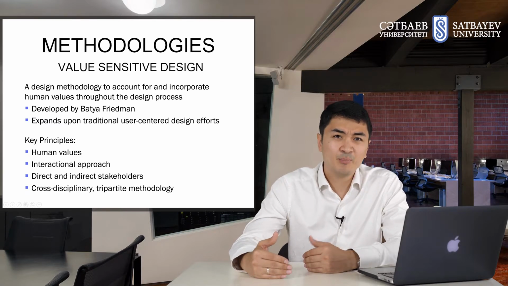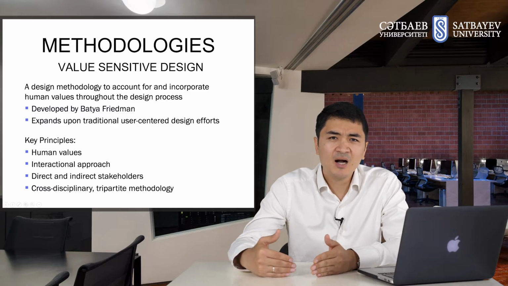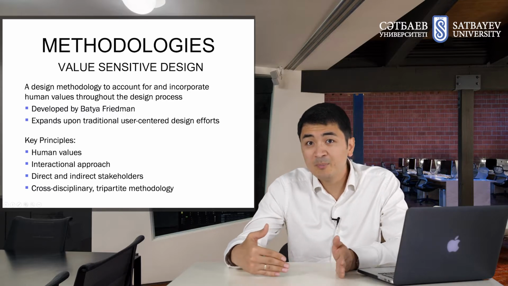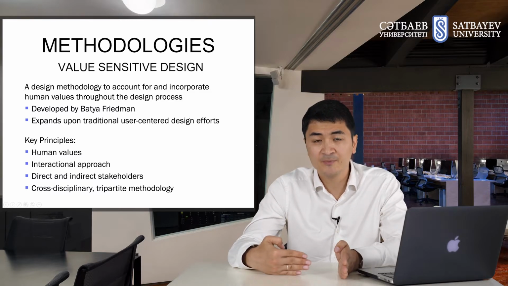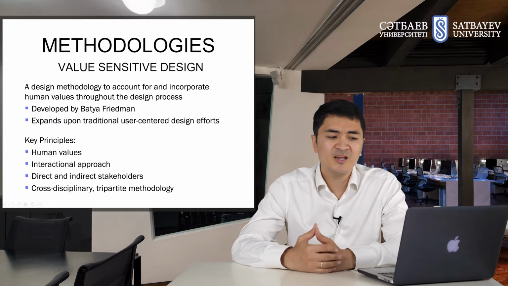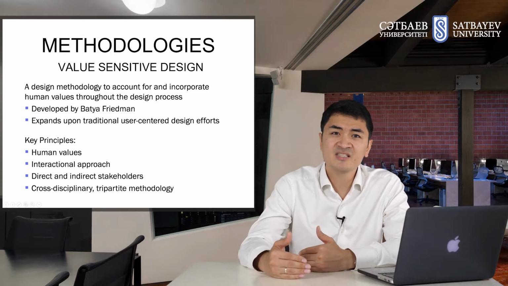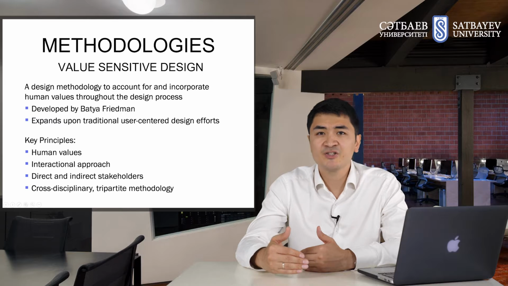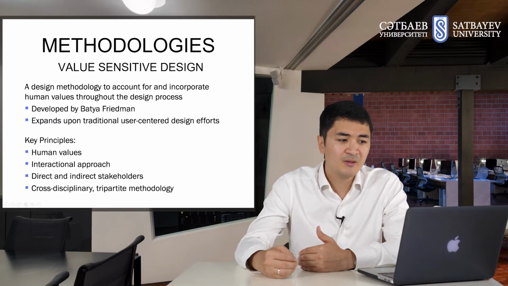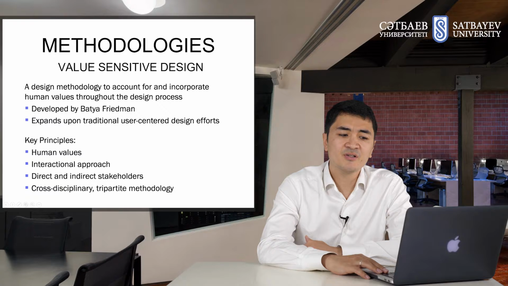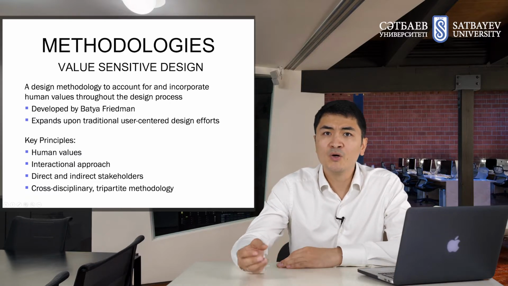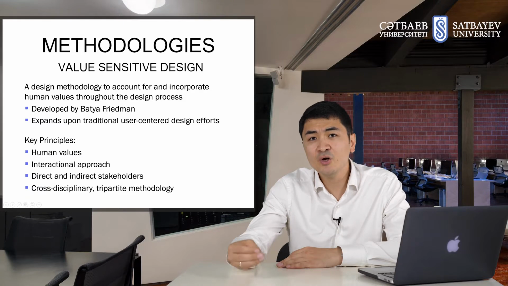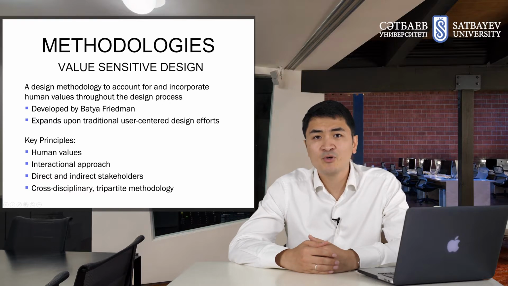The interactional approach: how people interact with each other, and how people will interact with your technology and the proposed computing technology. The direct and indirect stakeholders: actually, the initial methodology of user-centered design never concerned people who will not directly use the proposed technology.